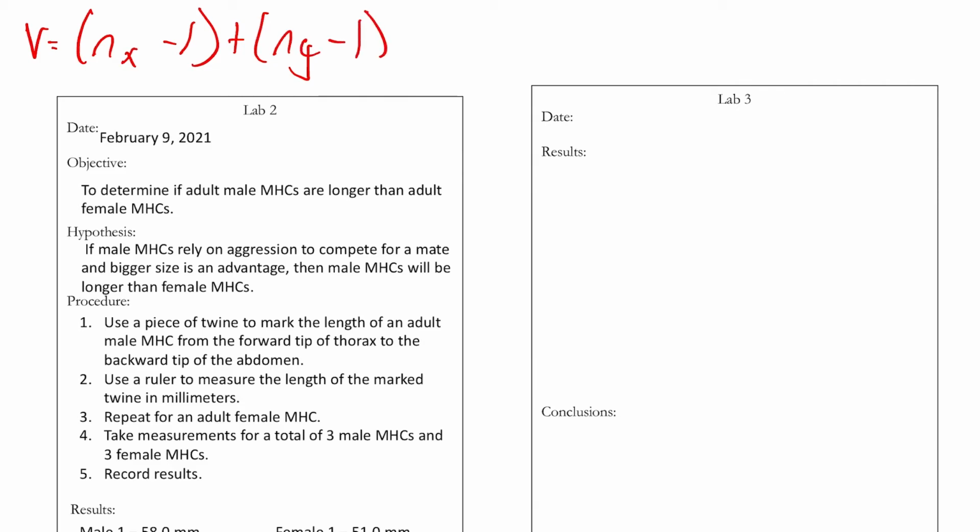So your sample size is going to be how many cockroaches. In this case, we used 3 cockroaches for X and 3 cockroaches for Y. So we end up with a degrees of freedom of 4, okay? So super important, probably the hardest math you're going to have to do in this class, okay? So that is also the answer to number 4 on page 19.